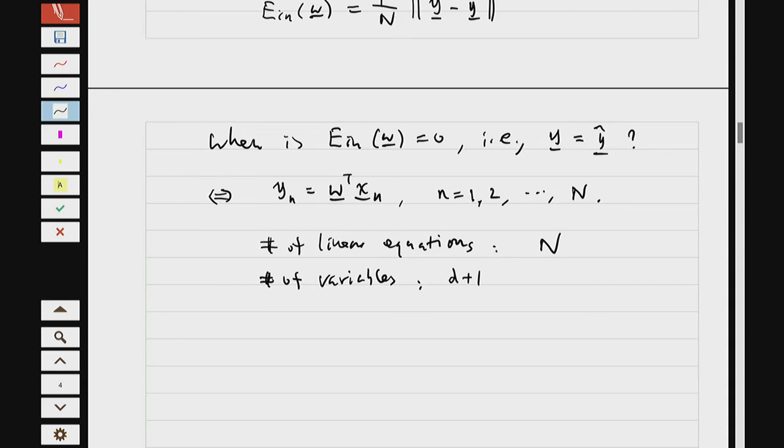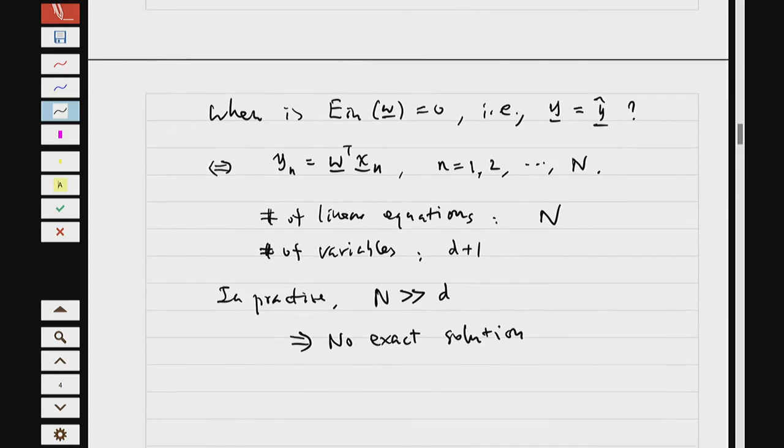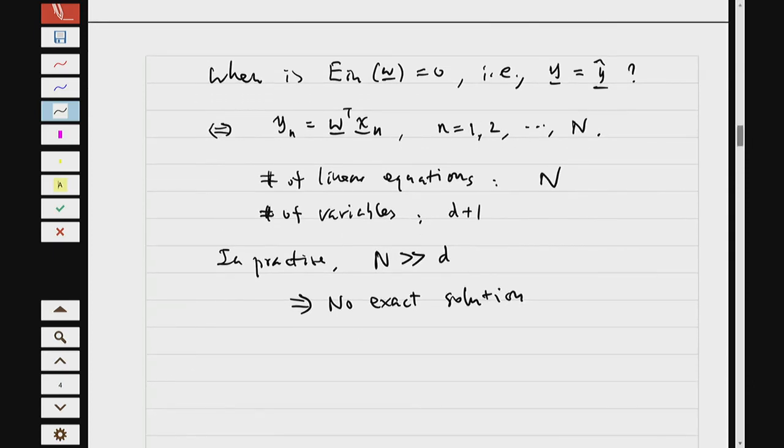So in practice, n is much greater than d plus 1, or just d is good enough. So we don't have an exact solution to this set of linear equations. It's overdetermined.